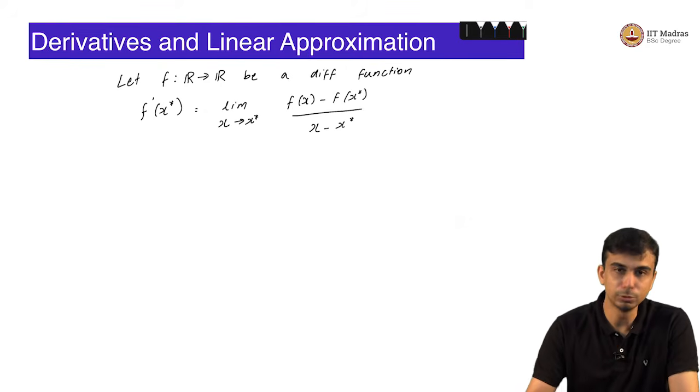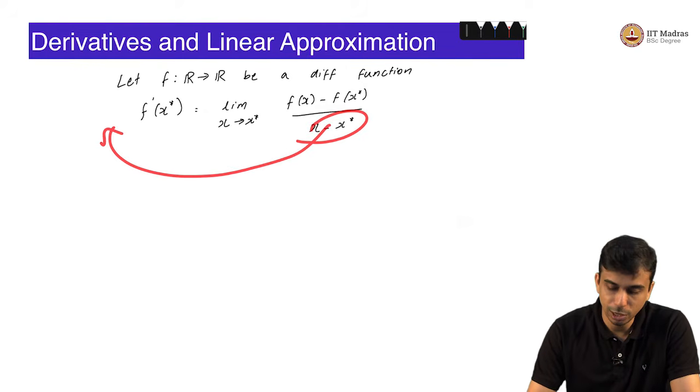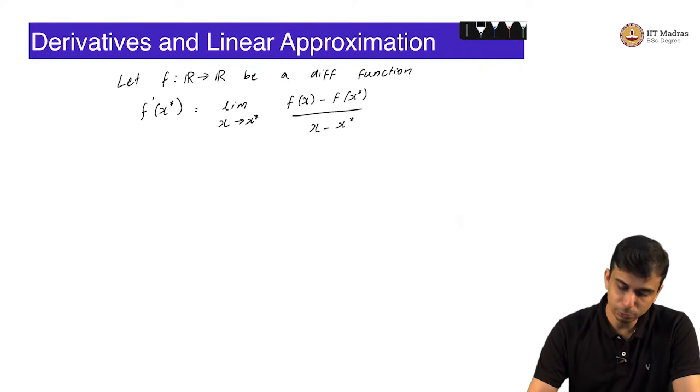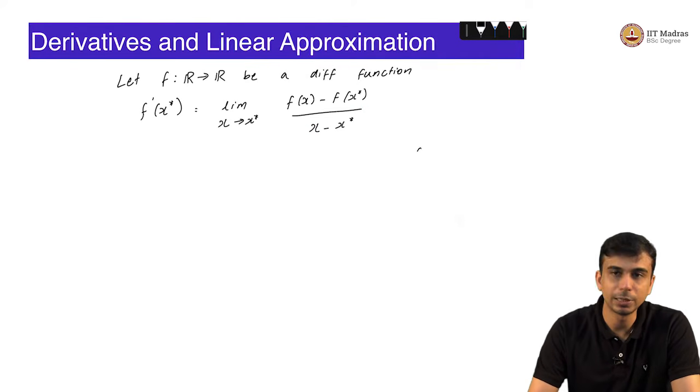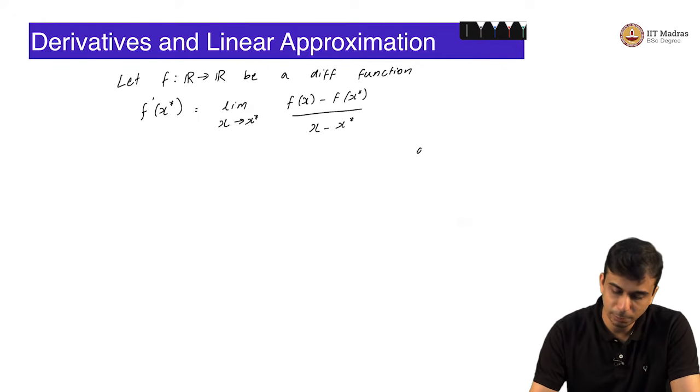So, we can't do direct multiplication by x minus x star and move it here, but let us assume that x is approximately equal to x star, that is we are in a regime where x is approximately equal to x star, in which case the limit x approaching x star is satisfied.